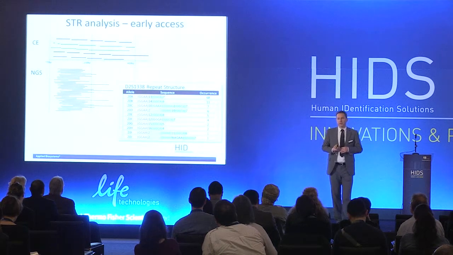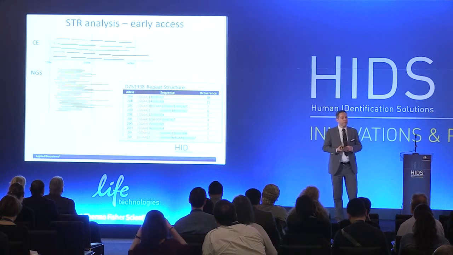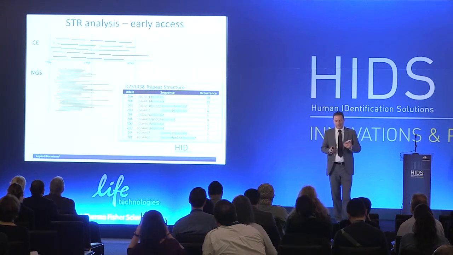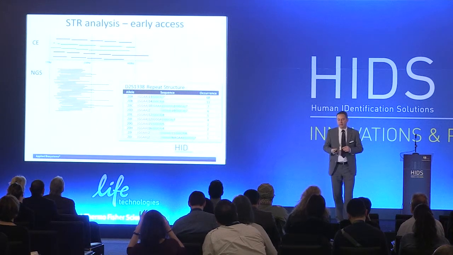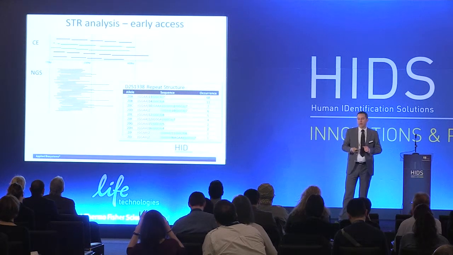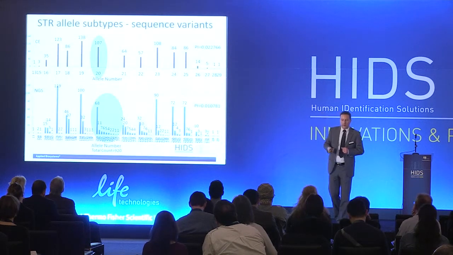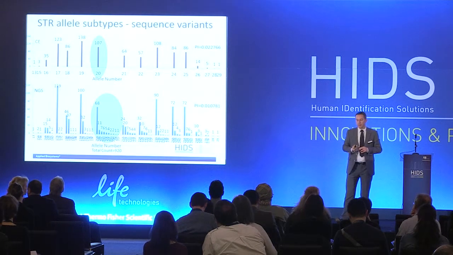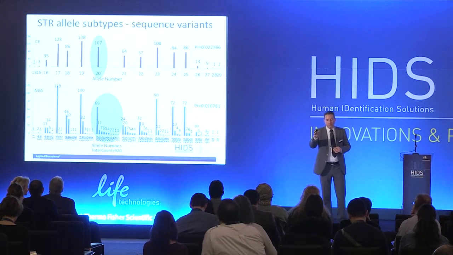Then, of course, what you will see is a lot more information, for example, on the repeat structure of STRs, like in the example here on the D2. So you see the allele 20 in this example. There are a lot of different repeats that will occur in NGS. Again, this is just an example of STR allele subtypes, sequence variants detected by NGS for this given locus.